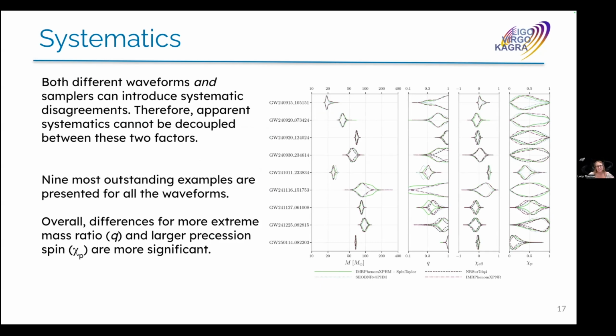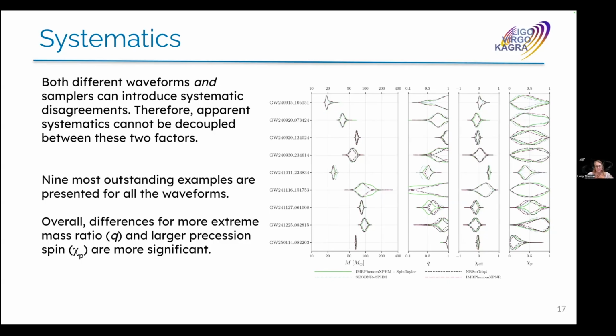Yes, hello everybody. So as Sanika alluded to, both different waveform models being used and also different samplers can introduce systematic disagreements between results for the same events. Therefore, we can't definitively decouple systematics that have been caused by either different waveform models or different samplers.